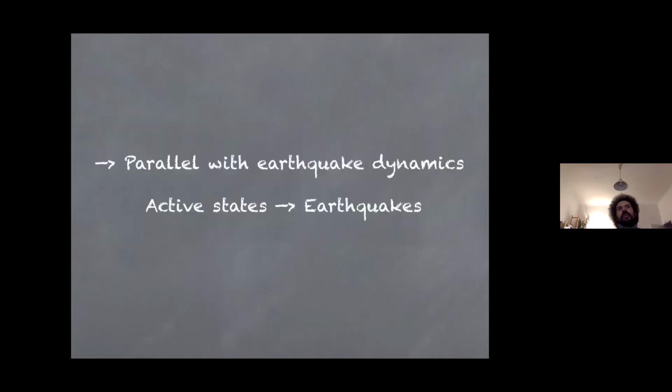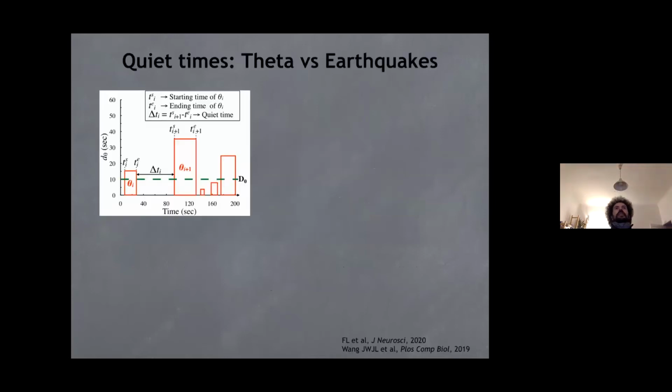So to finish, I would like to show you some nice correspondence between the dynamics of the active states and the earthquakes. So let's only consider the active states, right? We take the active states and we consider a threshold on the active state duration, this threshold D0.